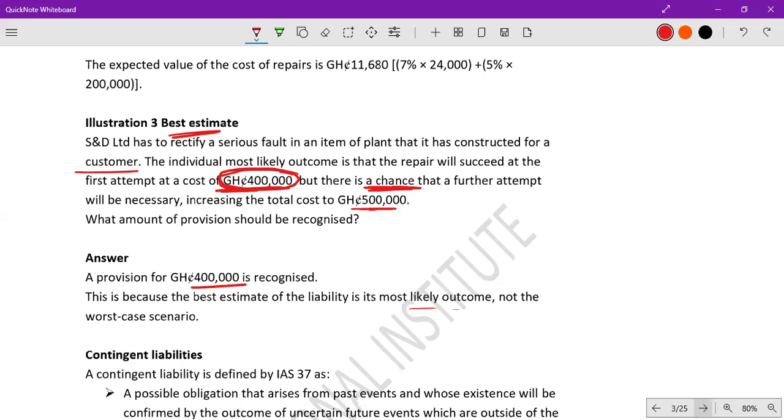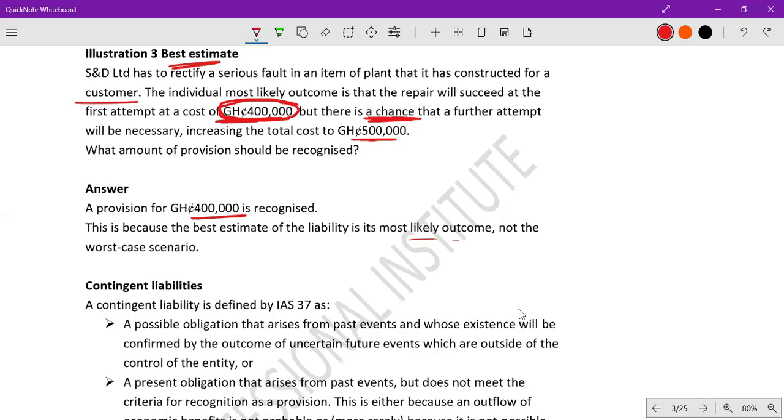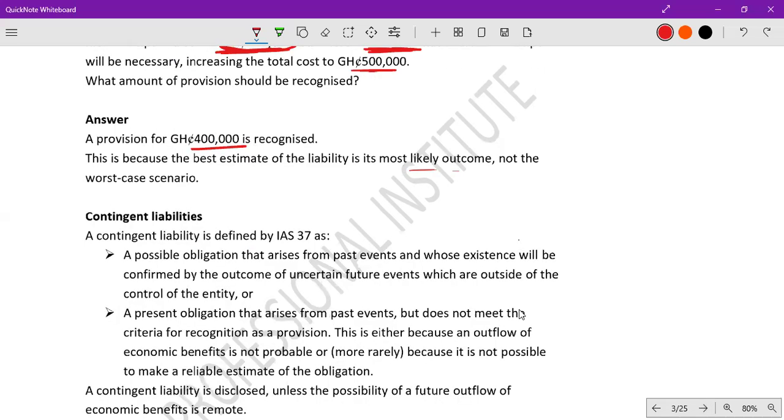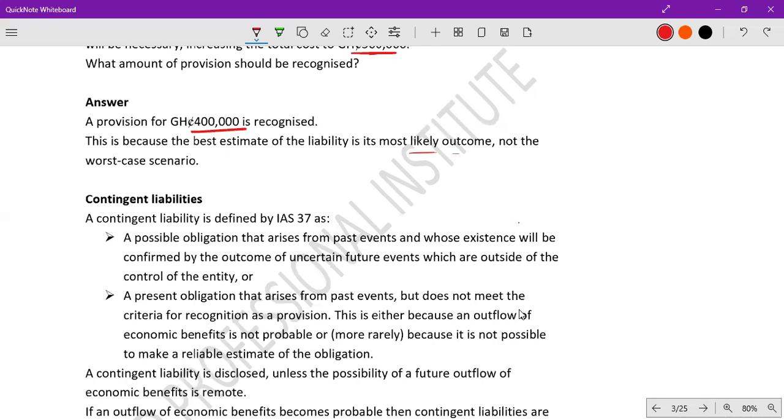Contingent liabilities. You know the definition of a liability, but the contingent liability is that the liability will occur based on the happening or non-happening of an event.